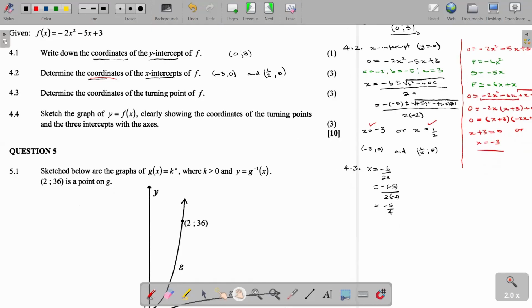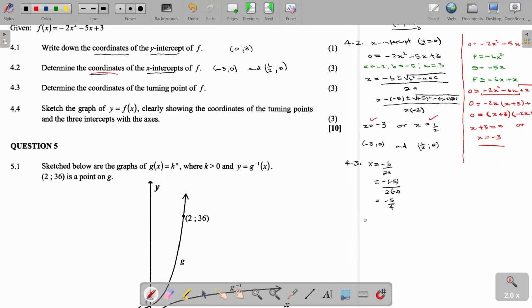the x value in our equation. So it simply means our y value will be equal to -2, open bracket, minus 5 over 4 squared, minus 5 over 4, plus 3.